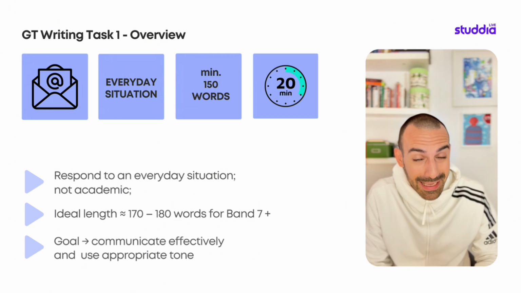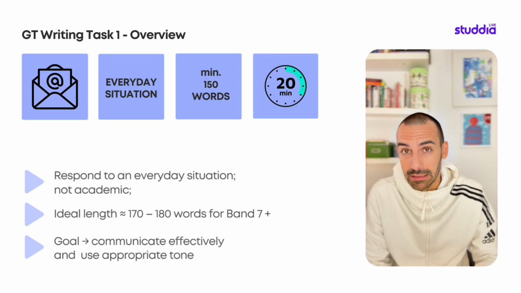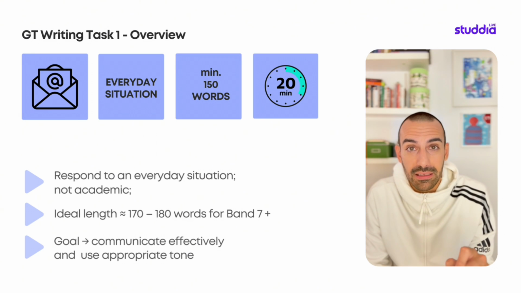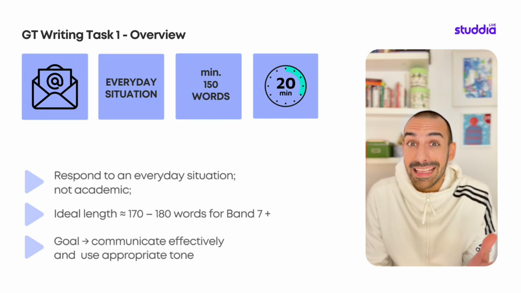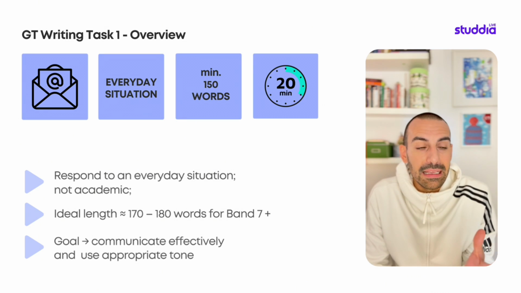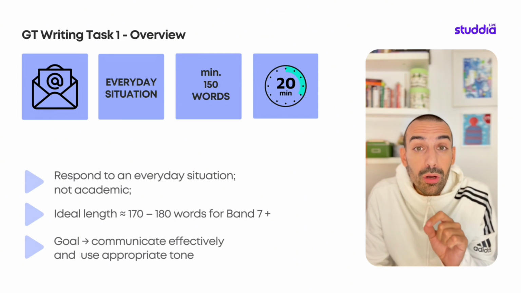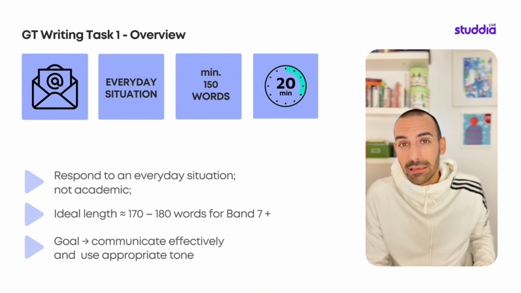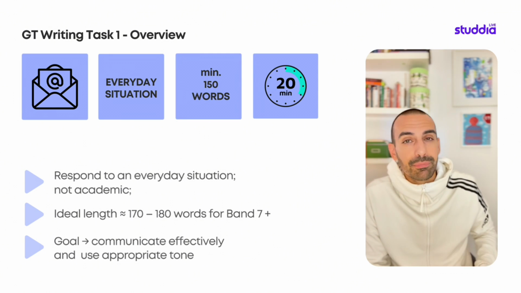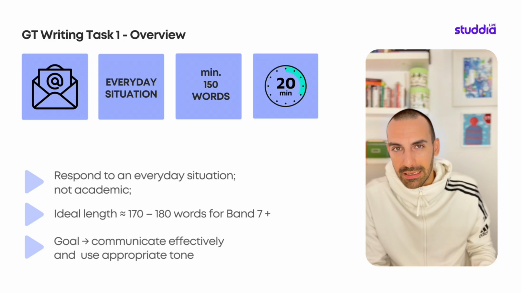There's absolutely nothing academic about it. The topics are everyday situations like requesting information, thanking someone, writing a complaint. You will not be asked to describe data, charts, maps, or graphs. That's for the academic test.